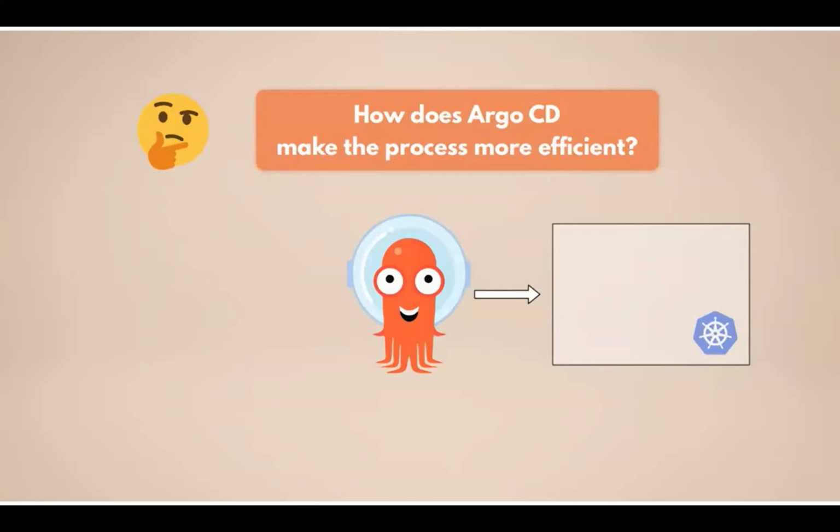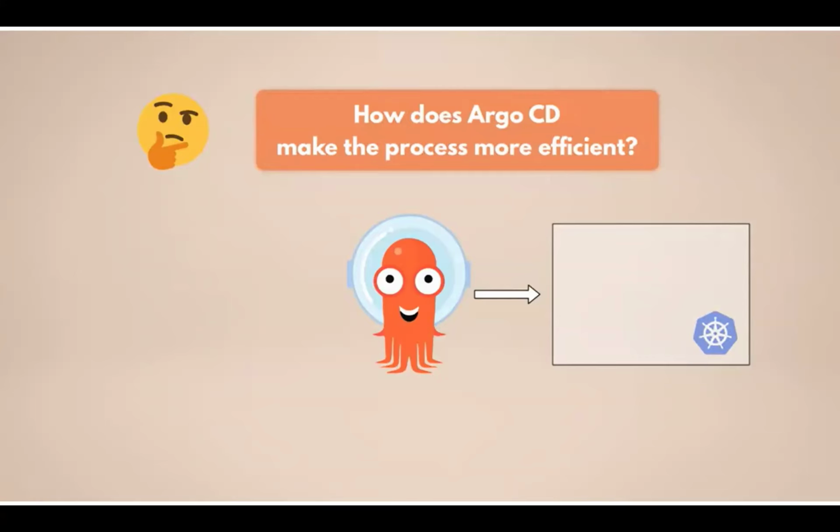If there is any problem with the pod, I won't be able to know unless I explicitly go into Kubernetes and see the pod failures. So for these things Argo CD built a dashboard, which helps us sync all these things. I don't have to jump from one platform to another to see what is going on with my CD pipeline.